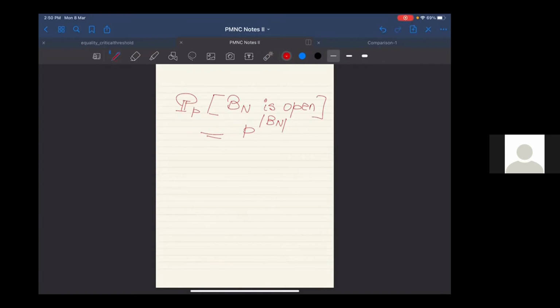Whereas let's look at what is the same probability for this Gaussian free field, open in phi bigger than or equal to h.